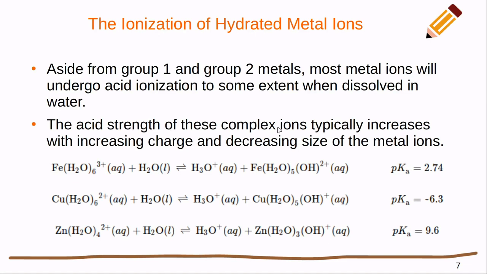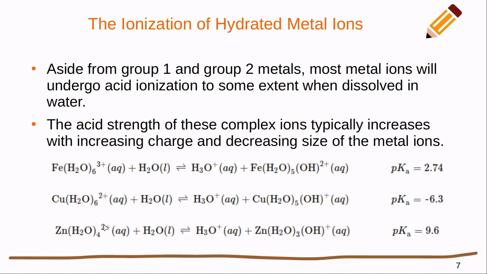The acid strength of these complex ions typically increases with increasing charge and decreasing size of the metal ions. So when we have a small ion with a lot of charge, we're concentrating that charge down. We see high acidity, like the example here where we have zinc with this 2 plus charge.